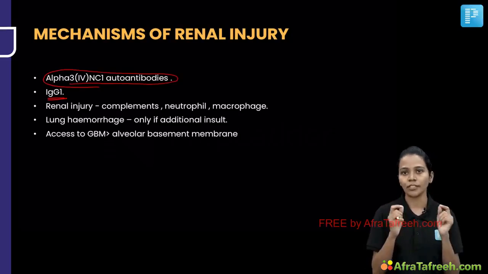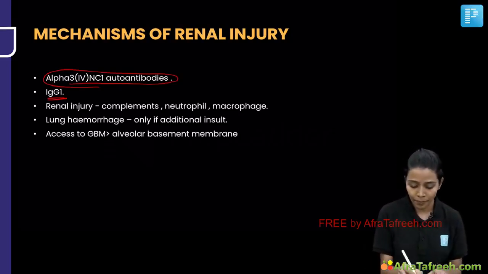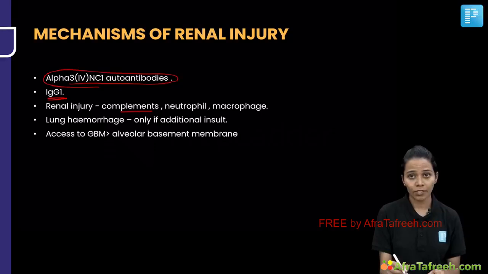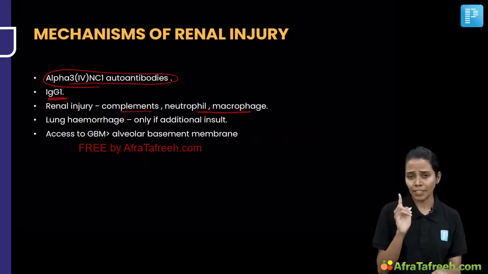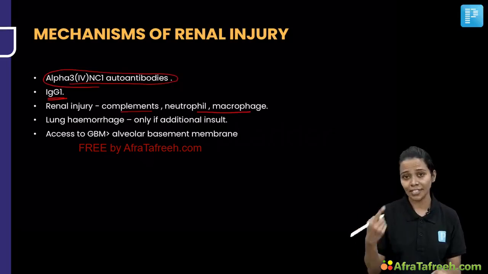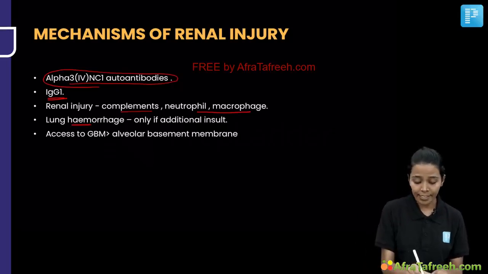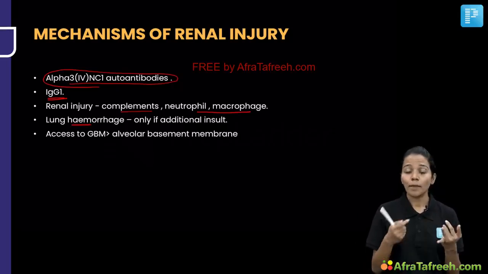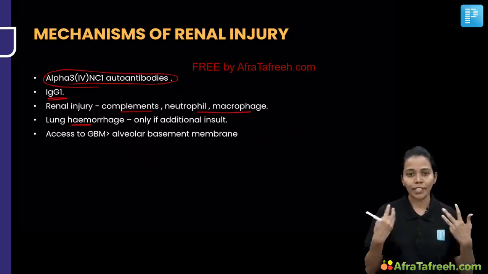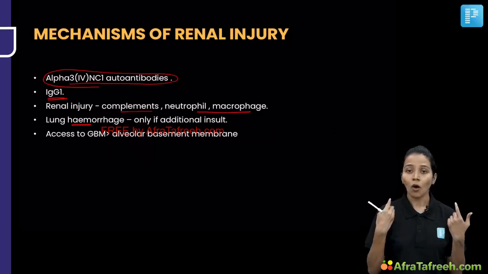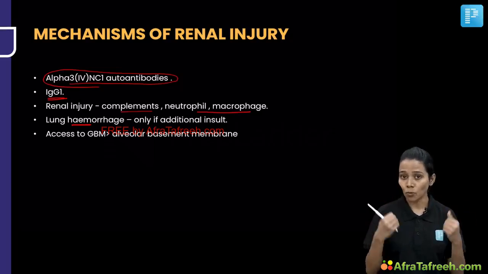We of course know that it is going to stimulate the complement pathway. Complements are going to get deposited, and as scavengers, as destroyers, neutrophils and macrophages are going to come. Lung hemorrhage happens only if an additional insult happens, like some fluid overload, or the patient has an infection, or some coagulopathy leading to bleeding into the lungs, or the patient has smoking or hydrocarbon exposure.